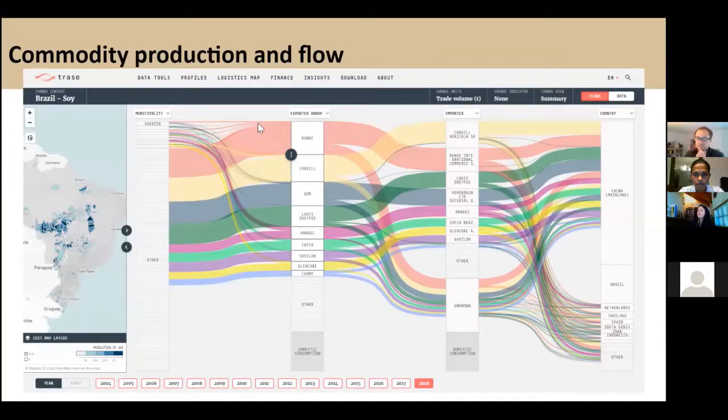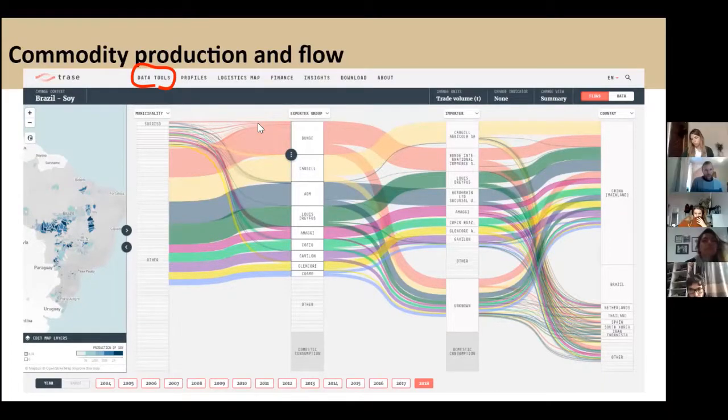First of all, I'd really like to encourage you to have an explore of the TRACE website. If you go to trace.earth, you can play around and first of all have a look at the data tools where you can explore the data. You can explore the soy supply chain, where it's coming from, where it's going to, and who's involved in that supply chain.